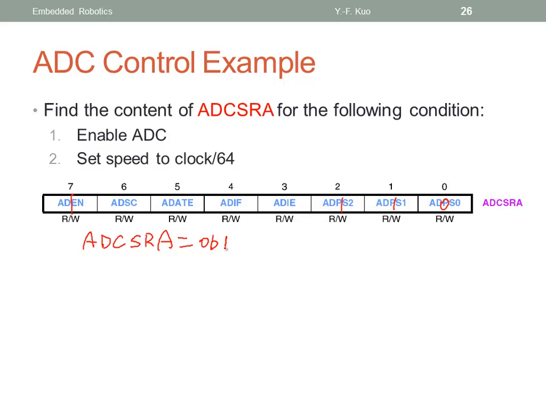We know the first bit is 1, and we have 0 in the following 4 bits, and we have 1, 1, 0 here. And don't forget your semicolon. So that's what your C code will look like in order to control these two: enable the ADC and set the speed.